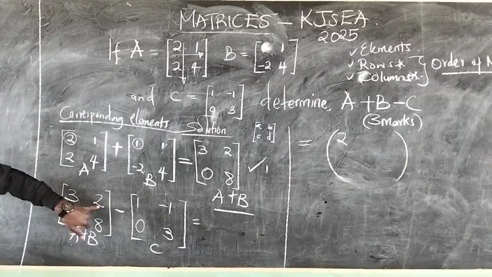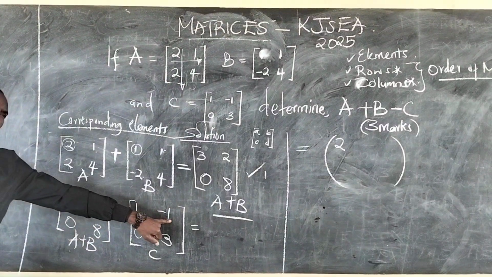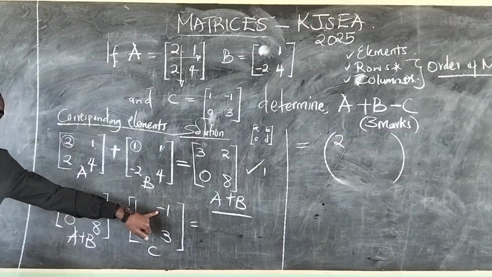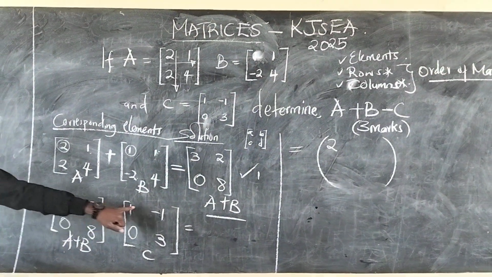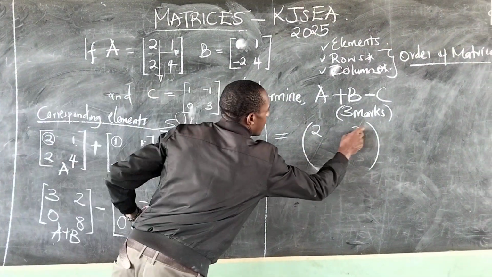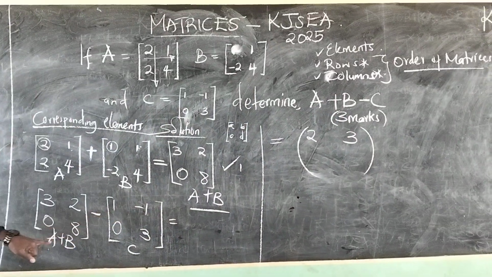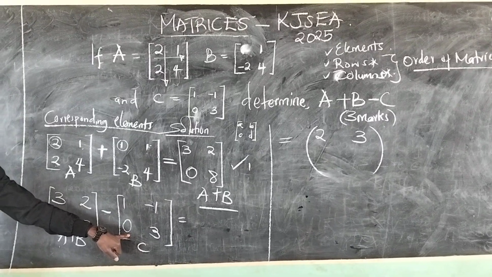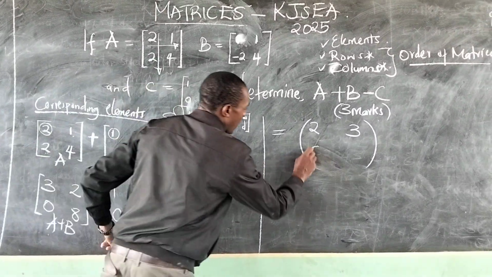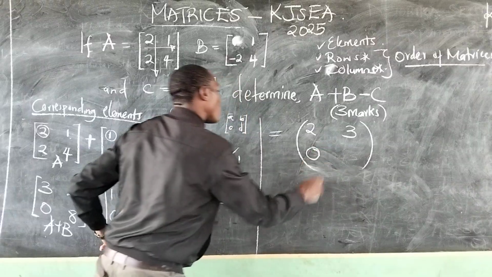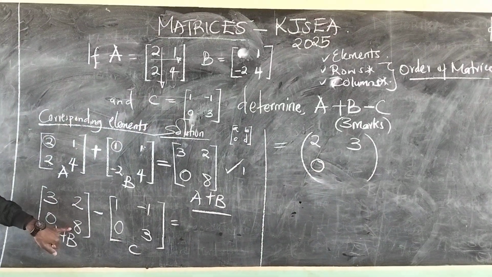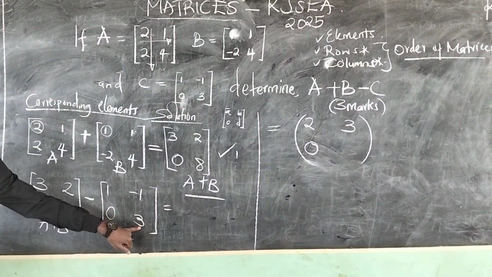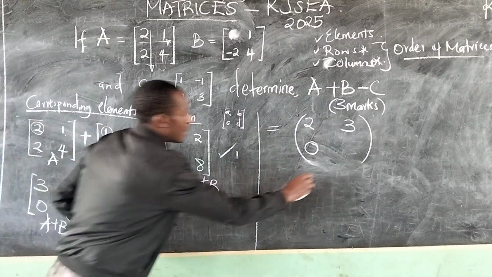There is 2 minus negative 1. A negative and a negative becomes a plus. So 2 plus 1 is 3. Corresponding elements, 0 minus 0 gives 0. And finally, the last corresponding elements are 8 minus 3, which gives 5. Very good. Clap for yourselves.